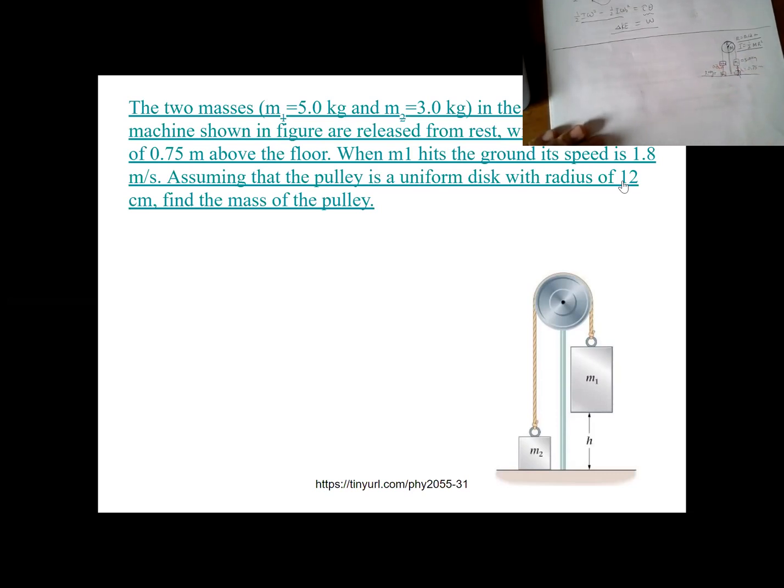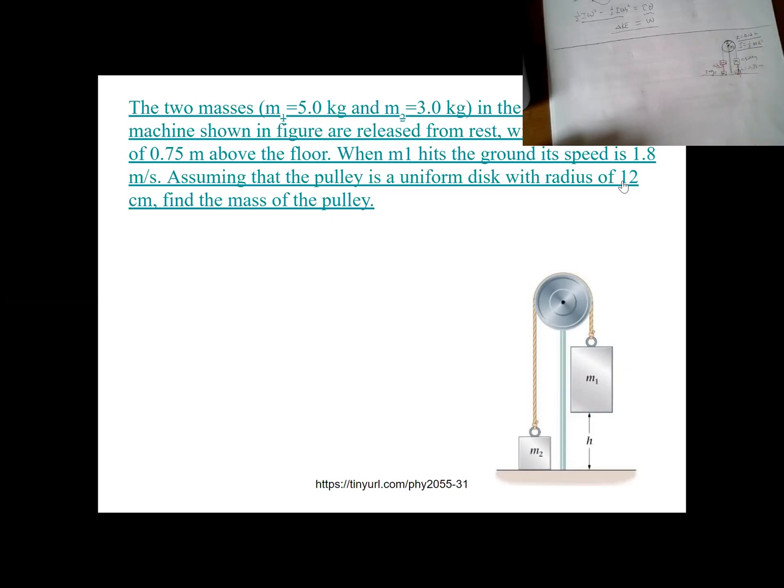Now you can see that this one drops down and this one goes up. That's the change in potential energy of the two masses. So basically, we can utilize conservation of energy here, because the only force doing work is the gravitational force, on both sides.